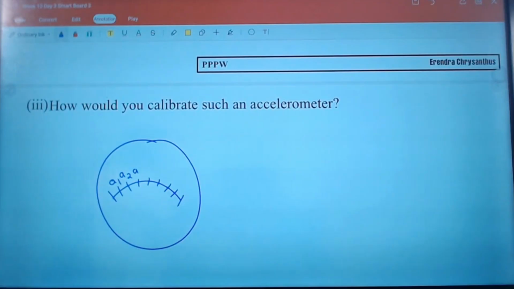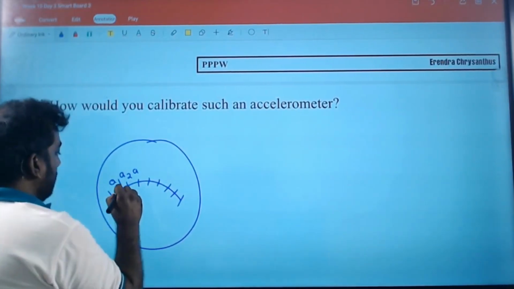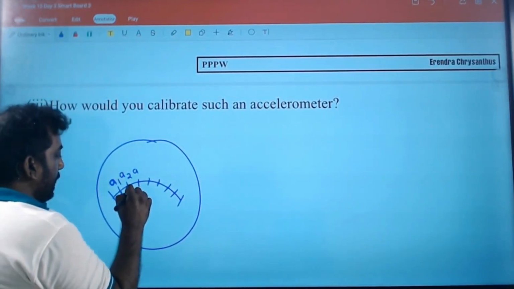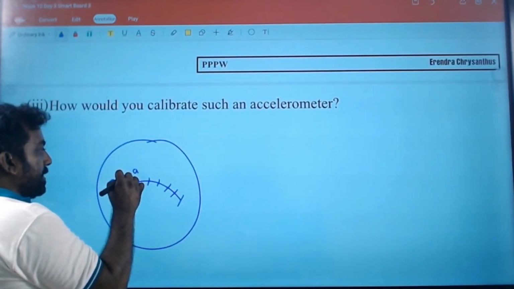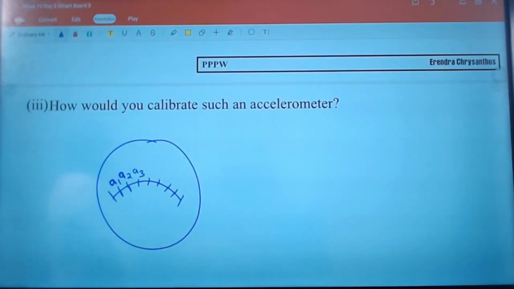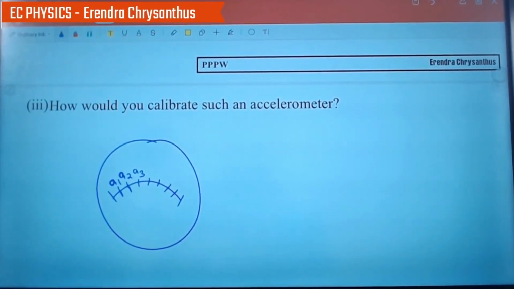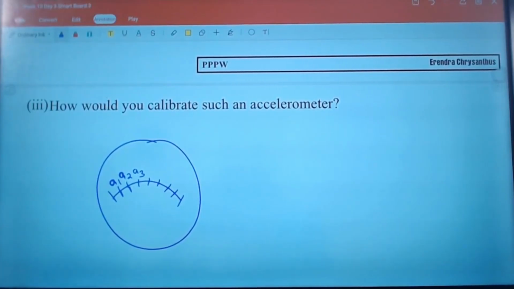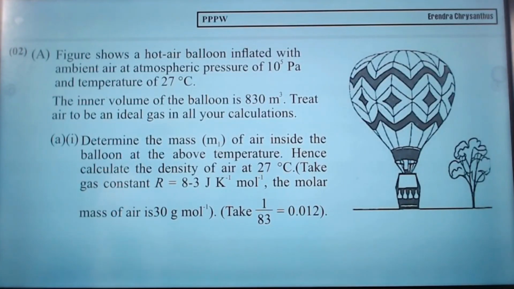So if you can calibrate it like that, for each voltage, there is a corresponding acceleration. Like that you can calibrate the accelerometer. For each potential difference, there will be a corresponding acceleration.